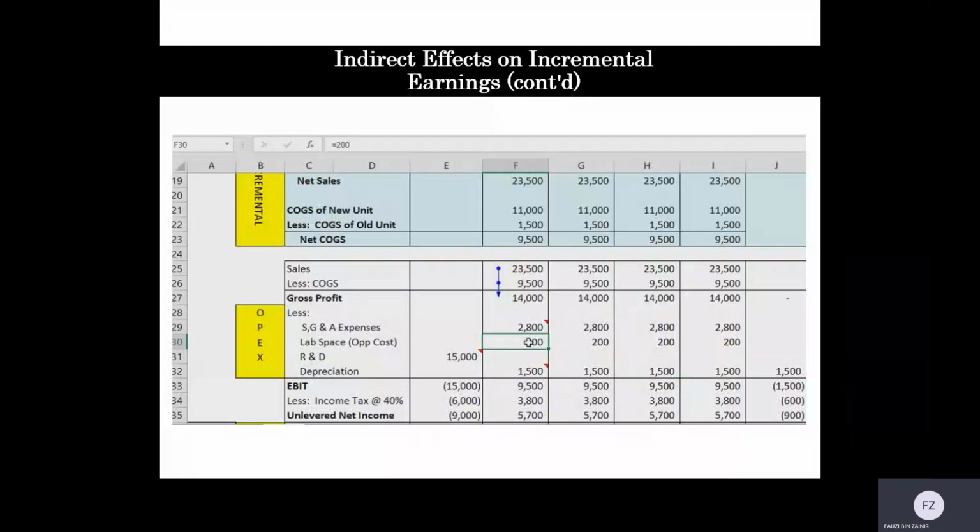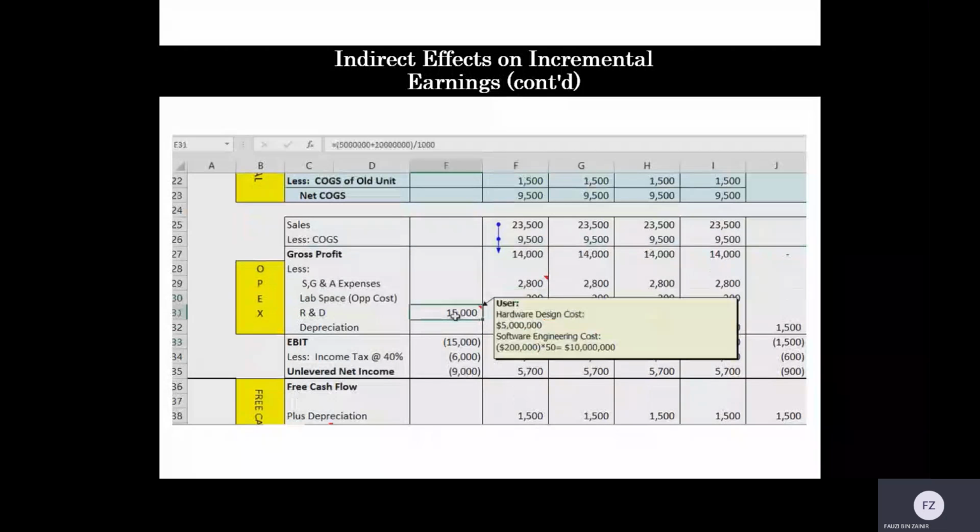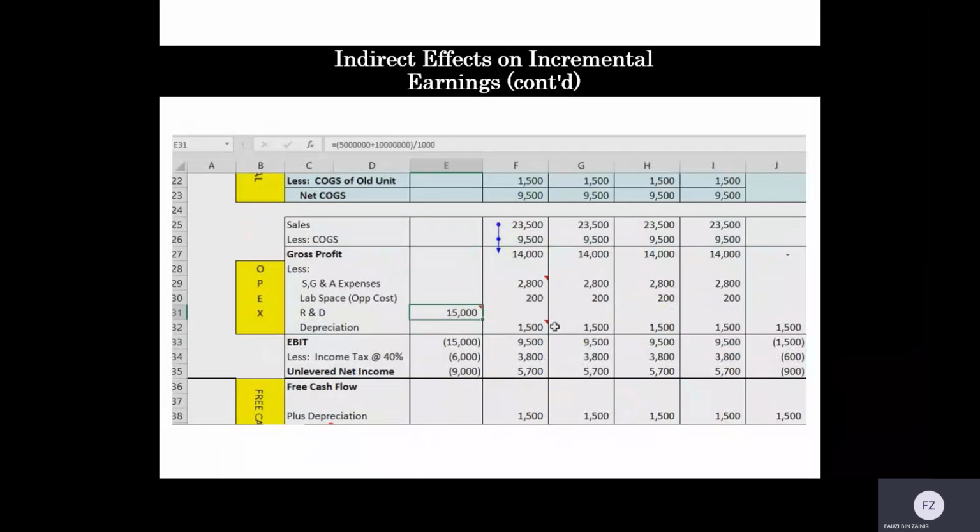In fact, we decided to use it for production. The same amount for R&D is still there, 50 million, which is the cost of developing the new remote system, the hardware cost plus the software cost, all in all becoming 50 million.